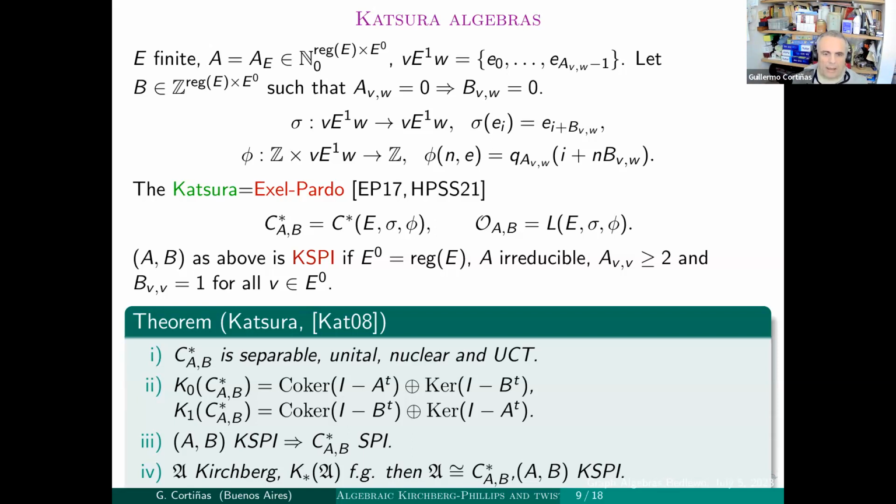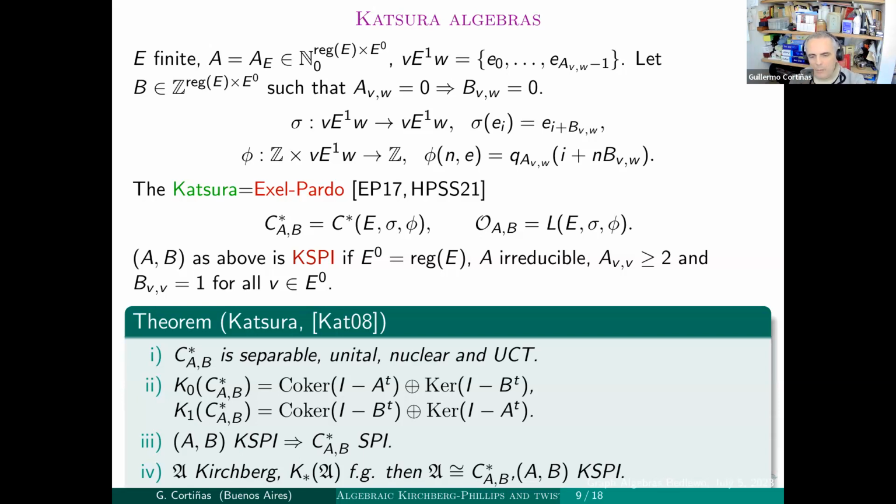And so the importance of this is, this tells me that suppose I can prove an analog of Kirchberg-Phillips, at least up to homotopy, for all algebras O_AB such that AB satisfies the Katsura SPI conditions.